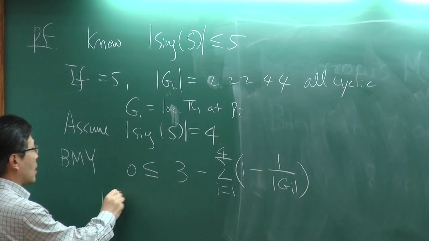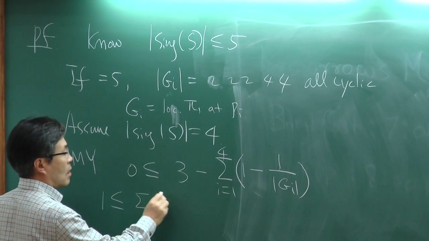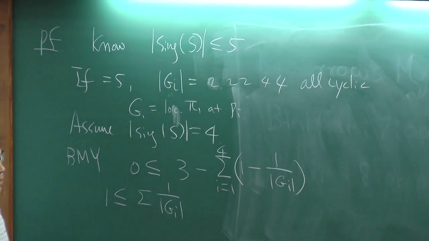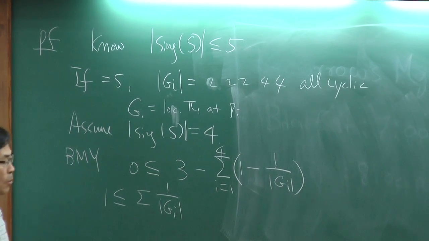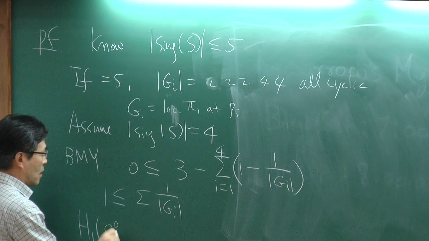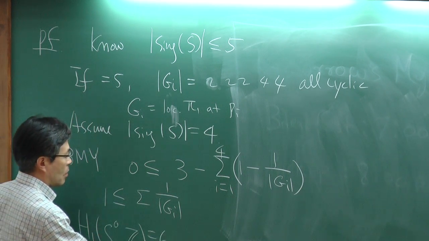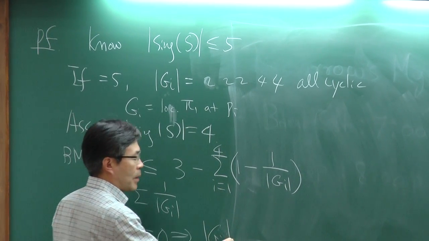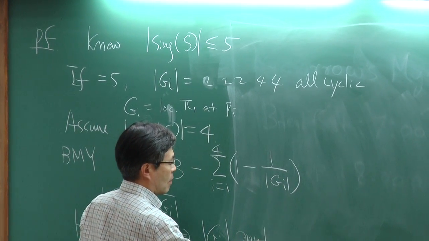Furthermore, the condition that H1 is trivial means that these G_i are pairwise coprime.